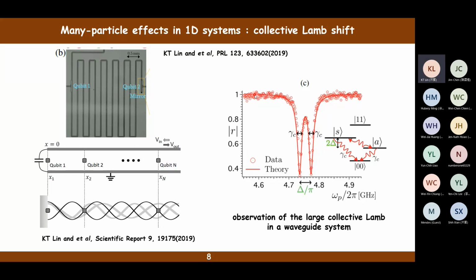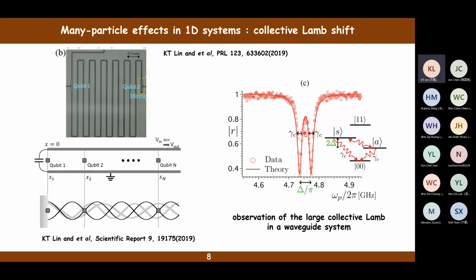The first thing I want to say is that our theory agrees with the experiment quite well. Also, here we observe two splitting dips, and this splitting is a direct measure of the collective Lamb shift. This means that we have observed the dipole interaction in such a system.